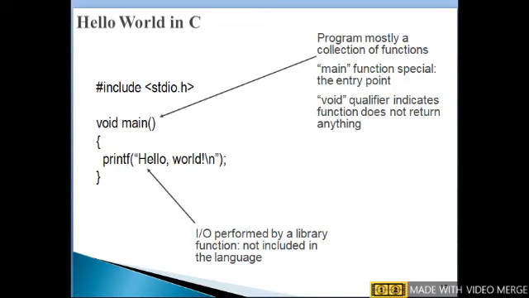In this program, observe the first line, #include stdio.h. This is the header file, a preprocessor directive. stdio.h is the standard input output header file. To perform input output functions, to add the input output library to your program, we write #include stdio.h.